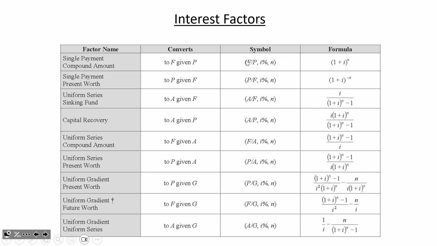So find F given P at some interest rate and for a certain number of compounding periods. The way that you'd interpret that is F divided by P equals (1 + i)^n.